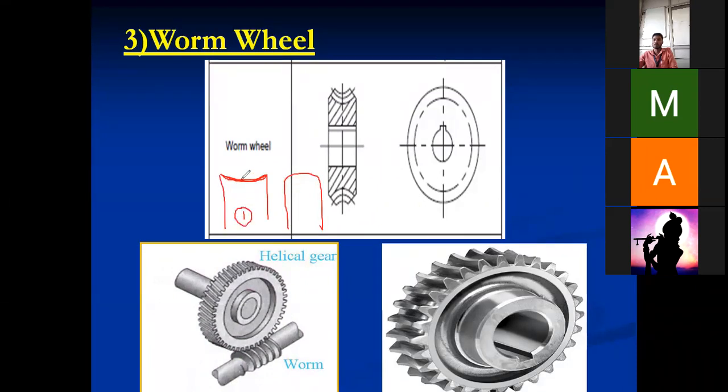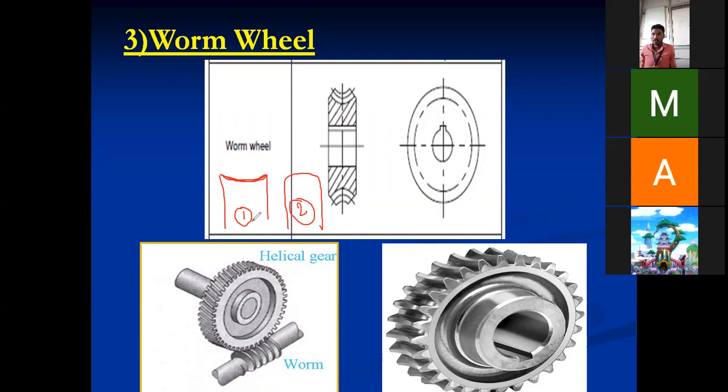Is the top surface of the teeth convex or concave? In the case of the worm wheel, the top surface, the first one is concave. Very good. It is not straight, it is concave.